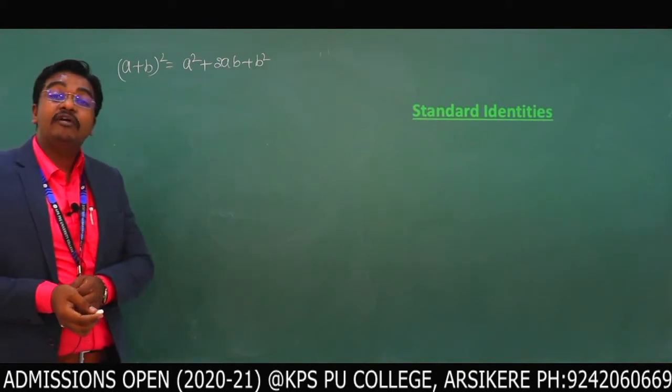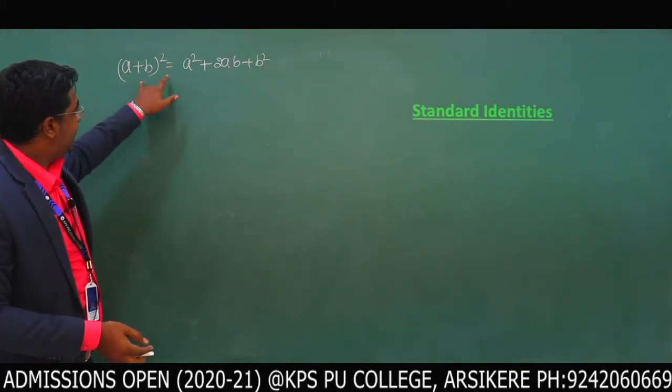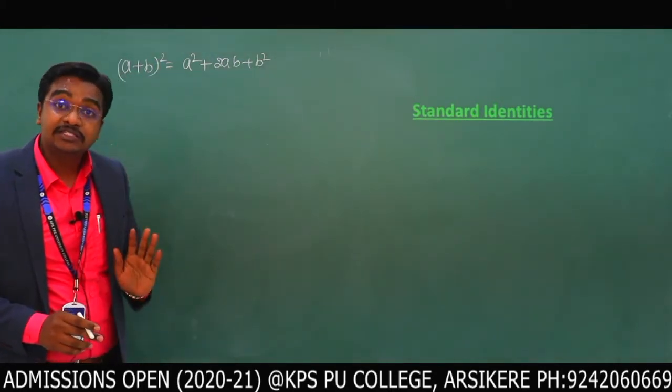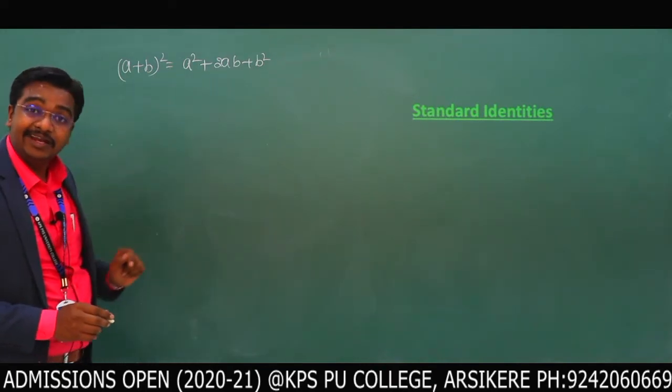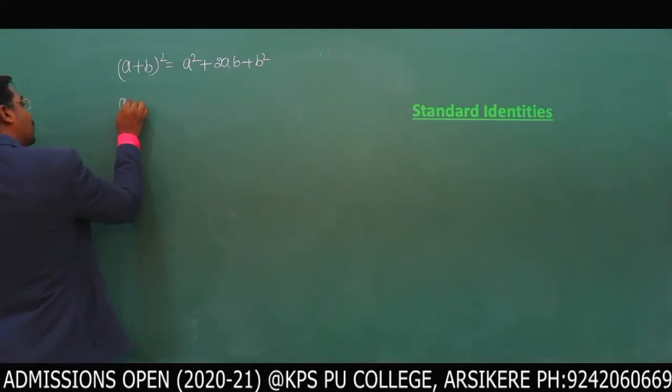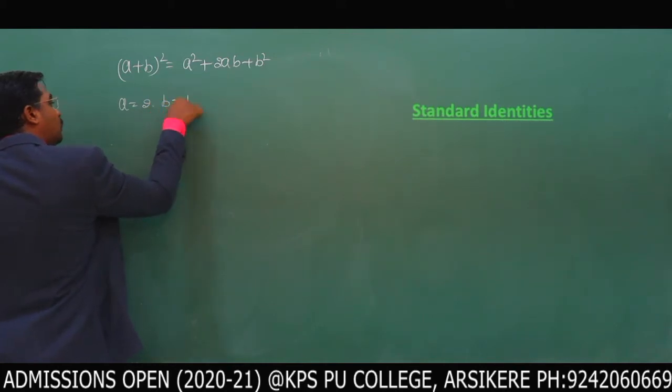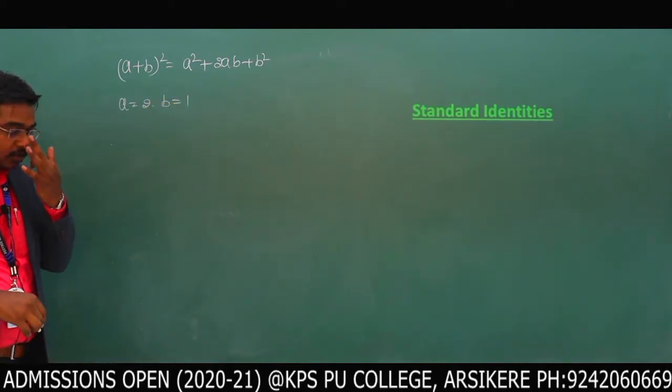Substitute any value of a and b. This LHS and RHS has to be satisfied. So then we call this as here identity. So we'll take here a is equal to 2 and b is equal to 1.